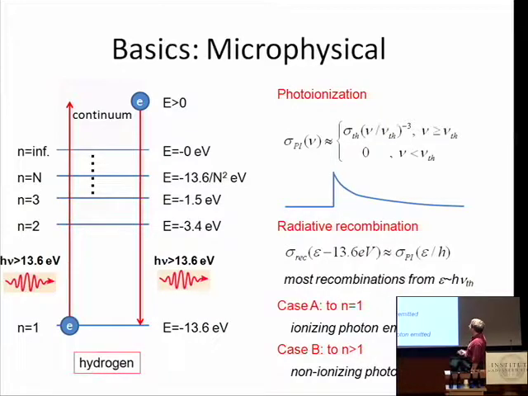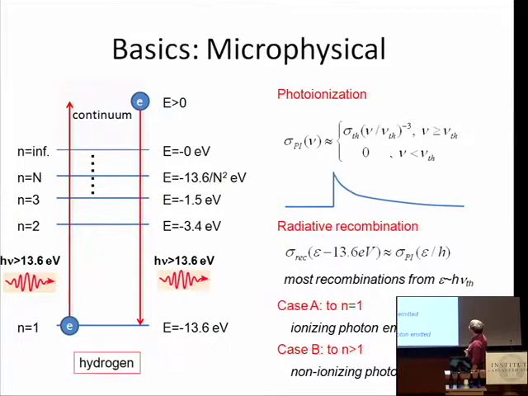Radiative recombination is kind of like the inverse of this, in the sense that the cross-section for recombination, as a function of the energy of the electron minus 13.6 eV, is very much like the photoionization cross-section for a frequency E over h.